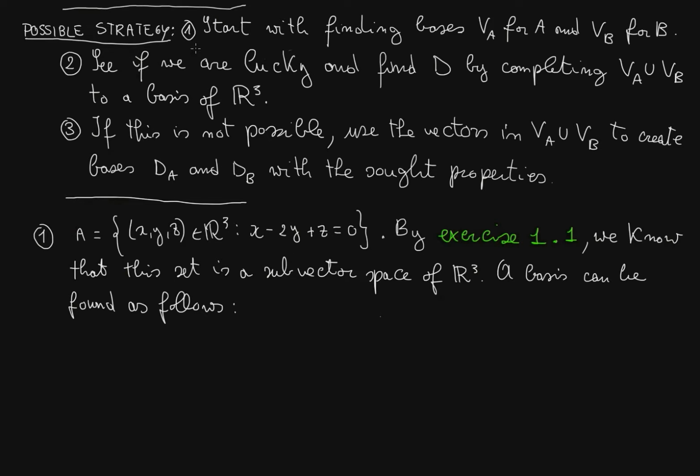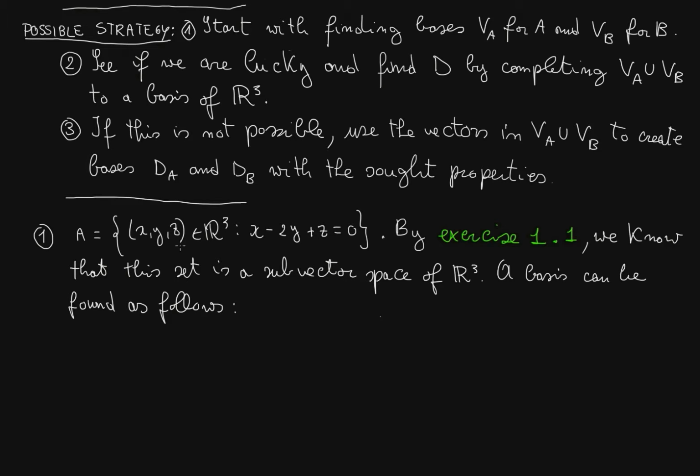So let's start from step number 1. A, by definition, is the following set. Now, in a previous exercise, namely exercise 1.1, we have already found a basis of this.